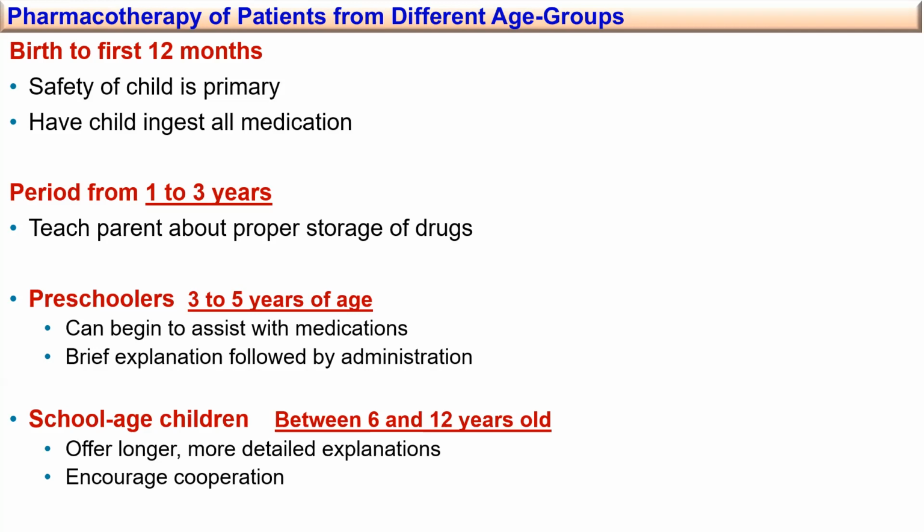Oral drugs can be mixed with foods like jam, syrup, puree, and the injections are usually given at specific locations with toddlers. Preschoolers, 3 to 5 years of age: safe storage, in which the medication should be out of reach.